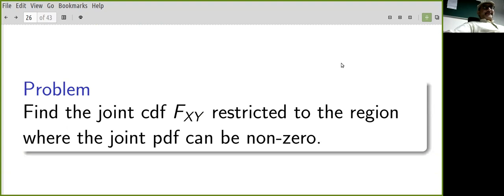Another way to do it would be to find the joint CDF, F_XY, restricted to the region where the joint PDF can be non-zero, and then I can take limits, and then I can differentiate.